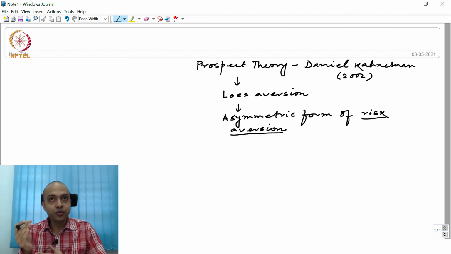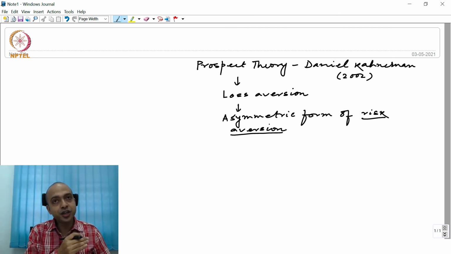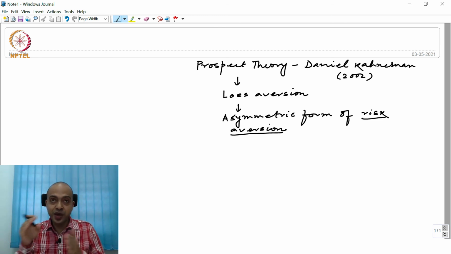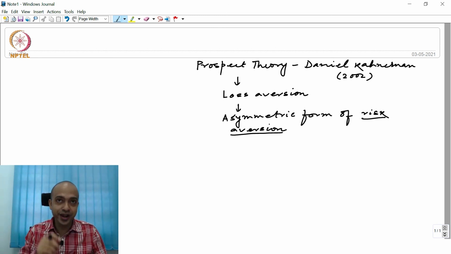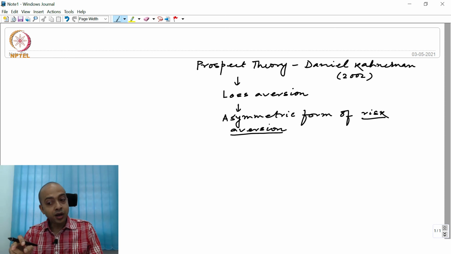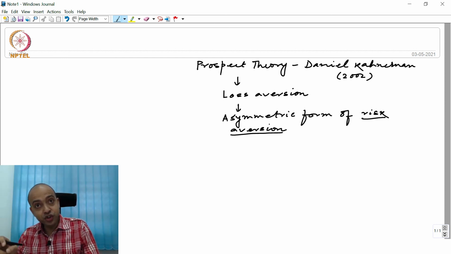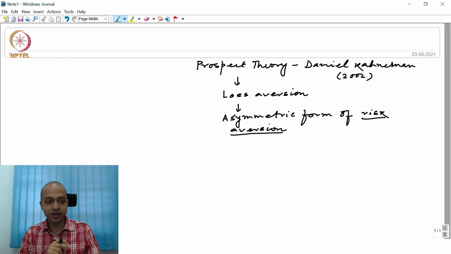On the other hand, when the individuals are subjected to potential losses, they become risk lovers. So gains and losses are valued differently based on the individual's context. It is not symmetric. In that sense, the individual's risk aversion is asymmetric, right?